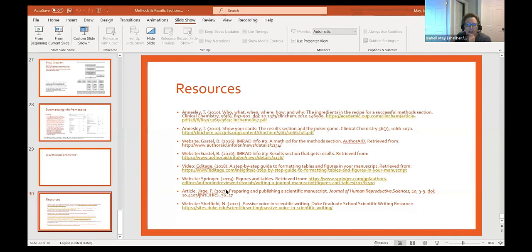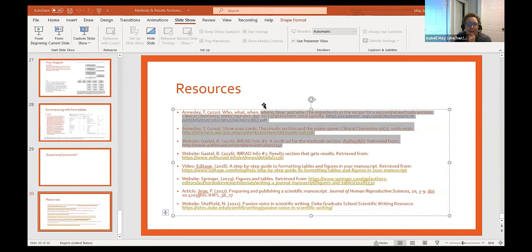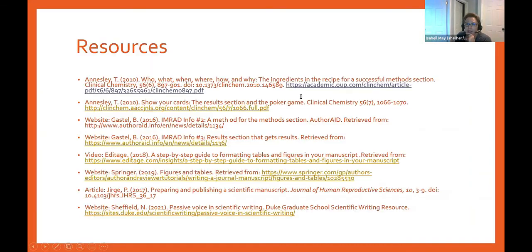This is a PDF. This is about the method section. It's 4 pages long, but it's a really easy read. There's some great examples in there: all passive voice, all active voice, combined, for the method section. The results one is equally short, 3-4 pages long. So look at those for some additional detail on these two sections.